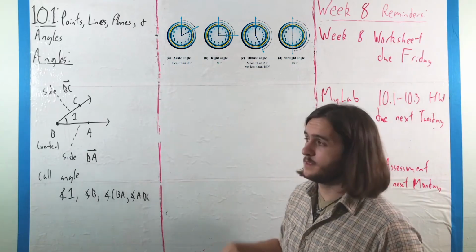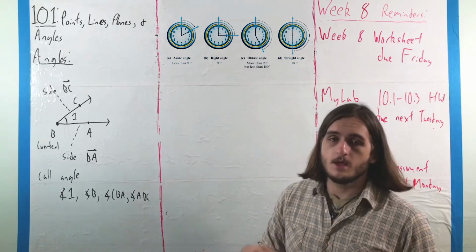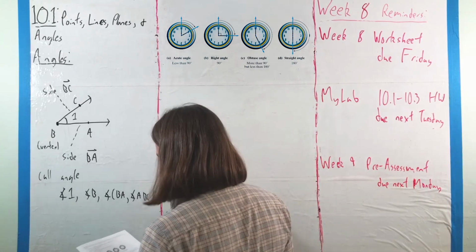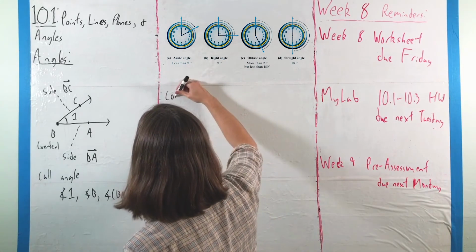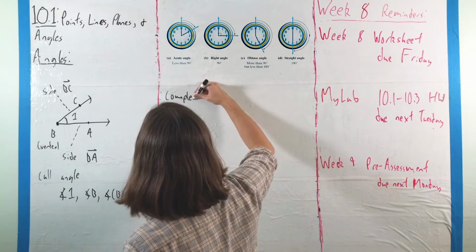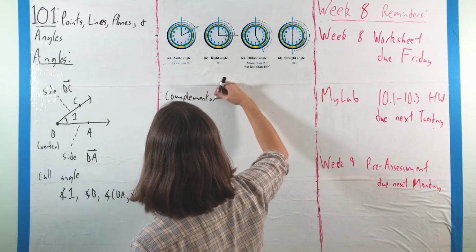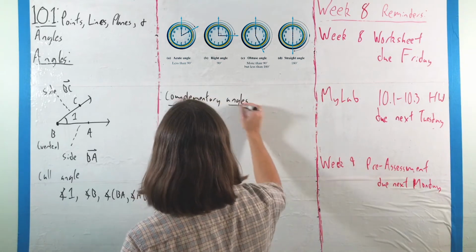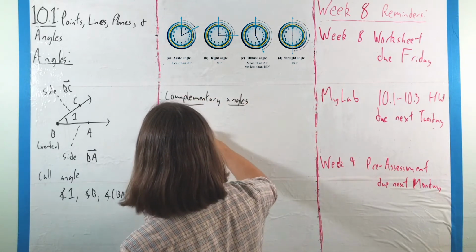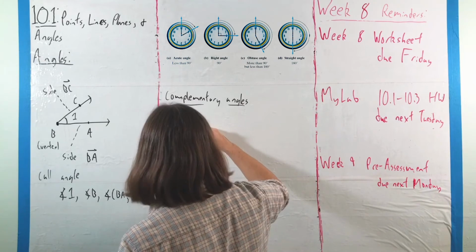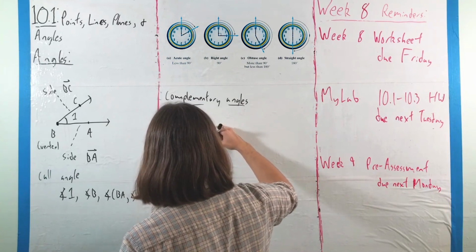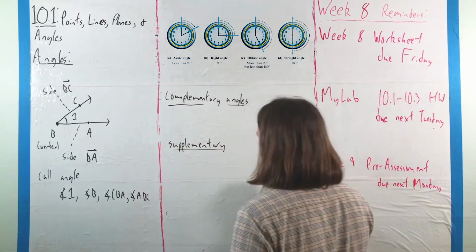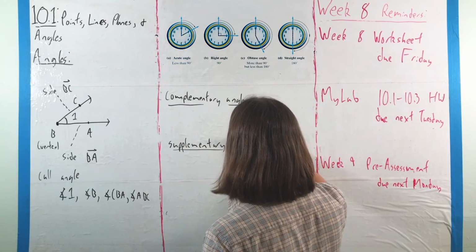So, with those constructions in mind, we can then develop another pair of definitions where we look at what are called complementary angles and supplementary angles, where we've talked a little bit about complements already, and this type of complement has a similar meaning to the things we've seen before.